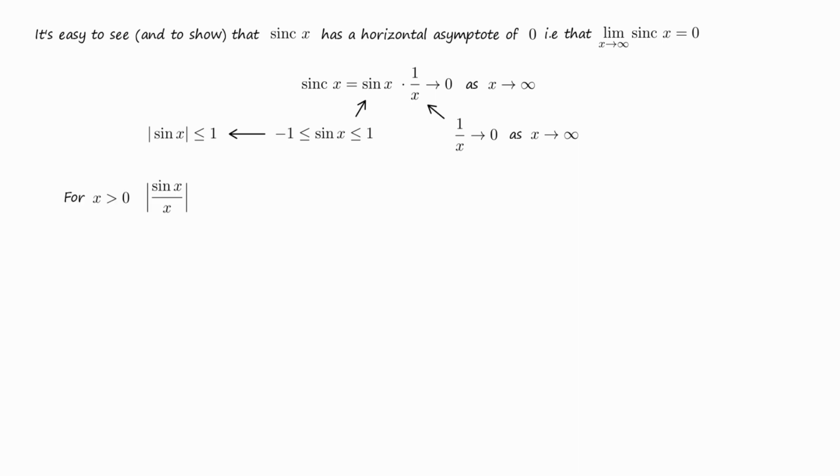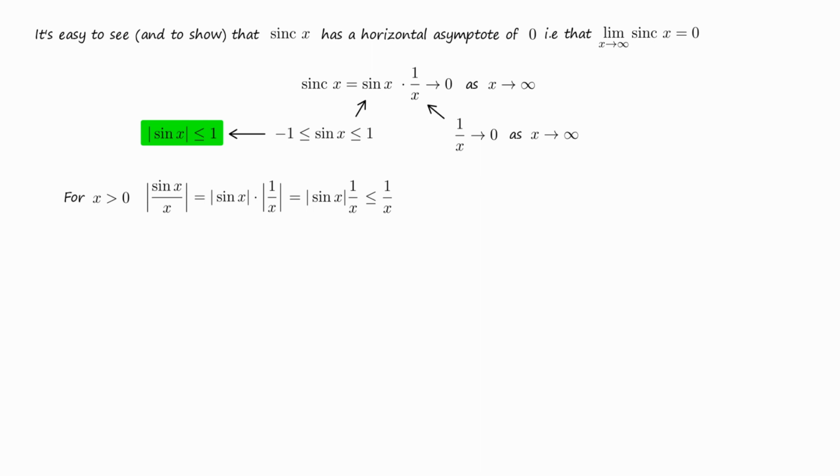And now, for x greater than 0, mod sin x over x becomes mod sin x times mod 1 over x, which equals mod sin x times 1 over x, because mod 1 over x equals 1 over x for x greater than 0. And now we can write that mod sin x times 1 over x is less than or equal to 1 over x because of this fact.